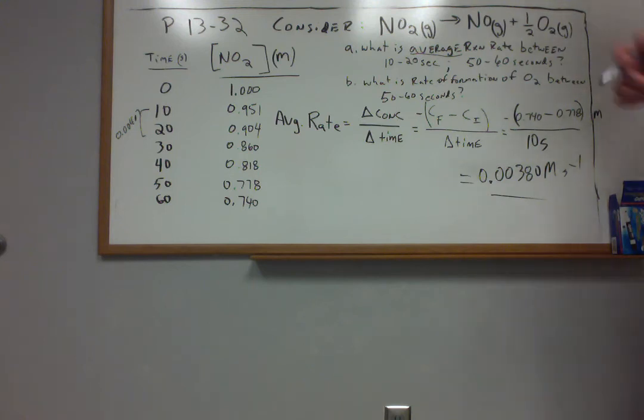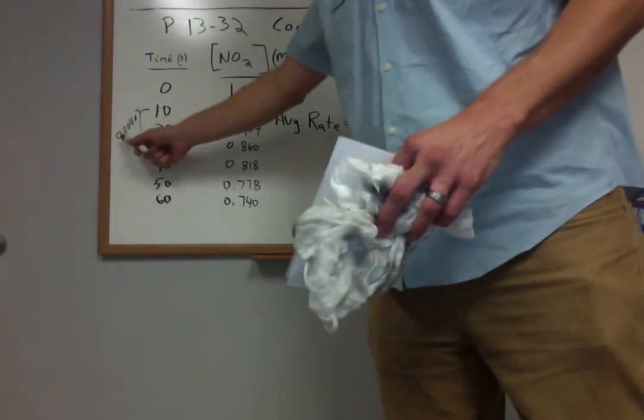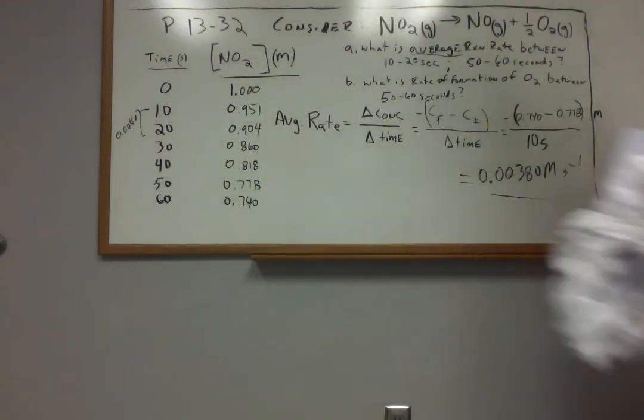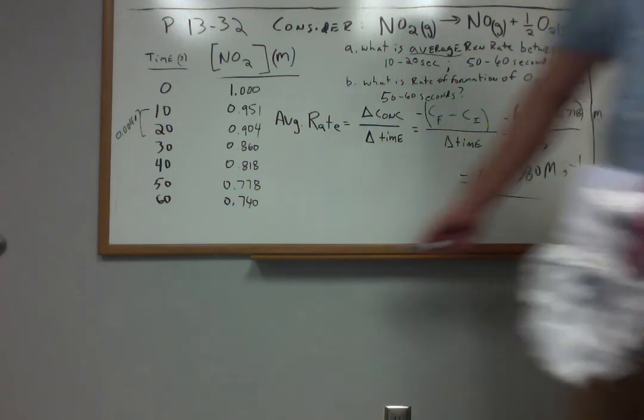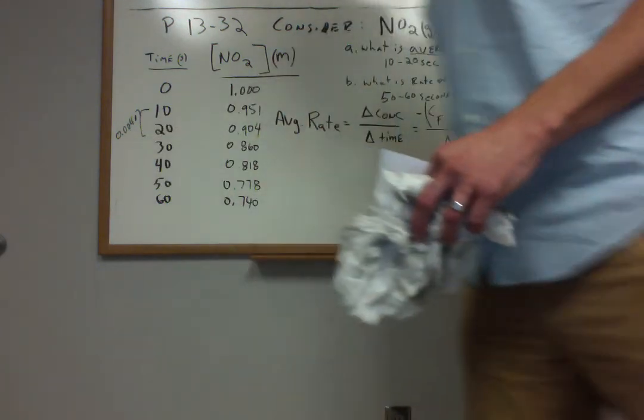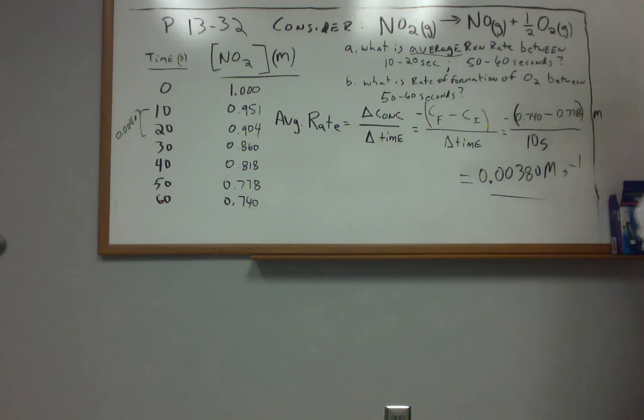So for the 10 to 20 second interval, the reaction rate was 0.00407 molar per second, and now it's 0.00380 molar per second. So you can see that over the latter time interval, the 50 to 60 seconds, the reaction rate was actually a bit lower than it was earlier in the experiment. And this is actually pretty typical, as it turns out.